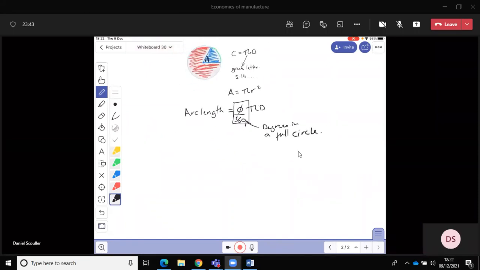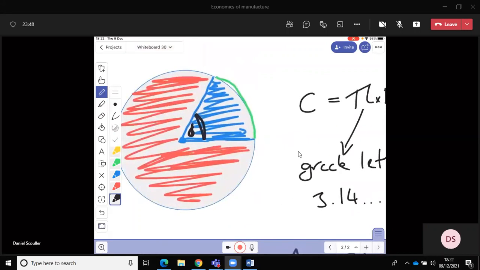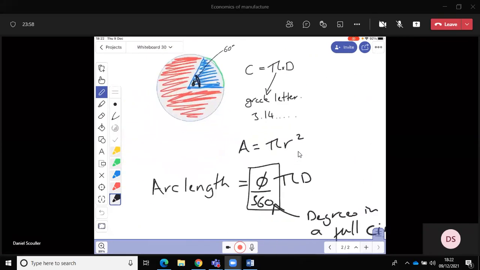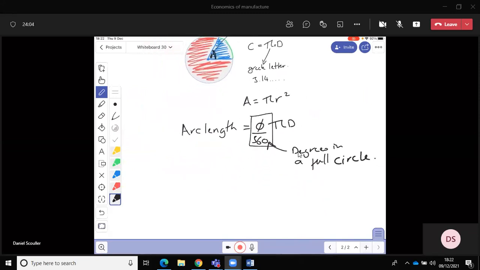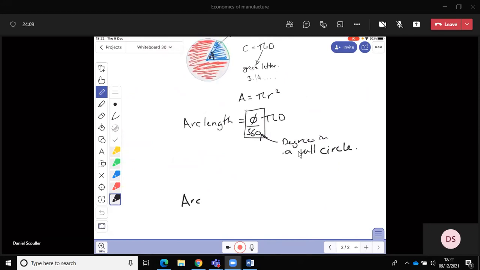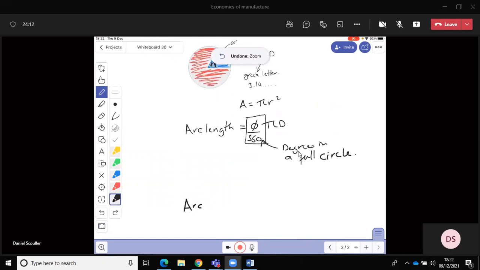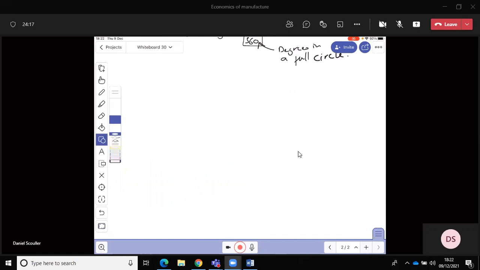If we had that circle here, and we say that angle's 60 degrees, and the diameter of that circle is 10 centimeters. In fact, let's write that out a wee bit neater so you've got that.